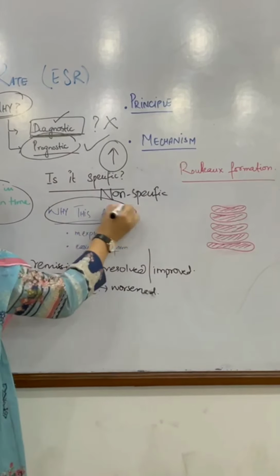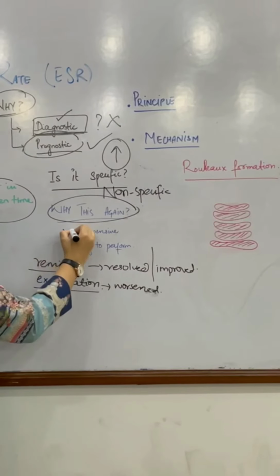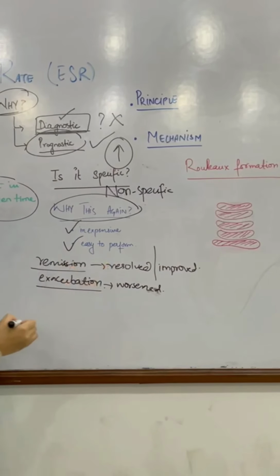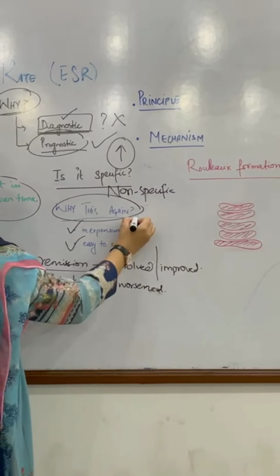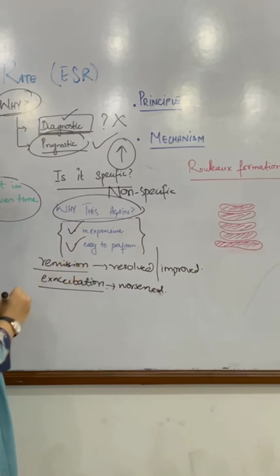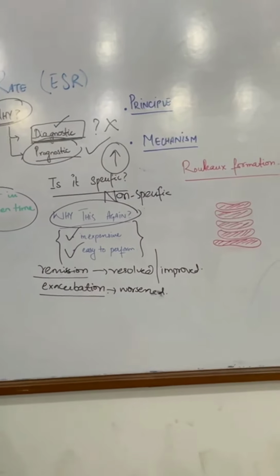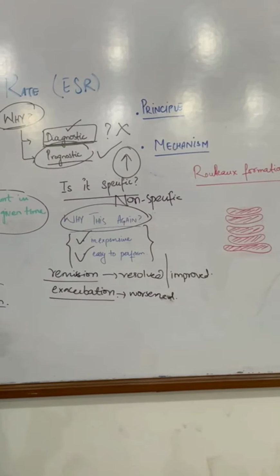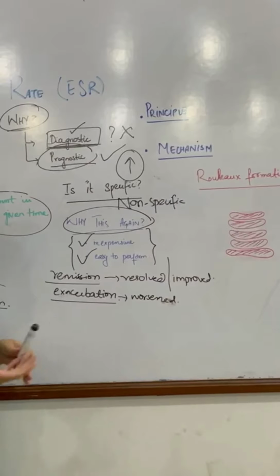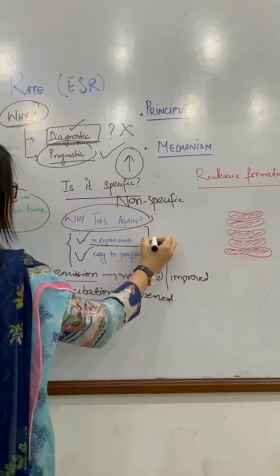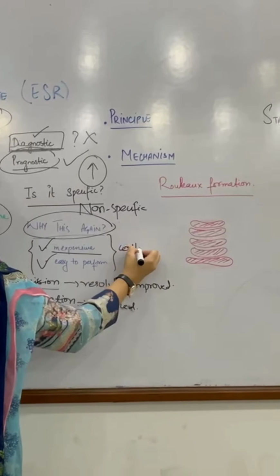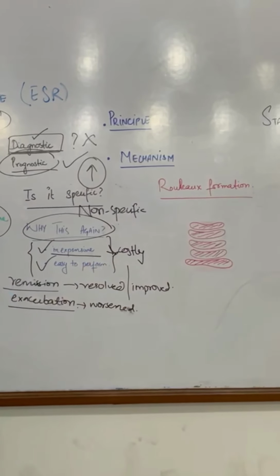Because first of all, it is inexpensive and easy to perform in the lab. There are no expensive equipments and no heavy machinery required. Also, it gives a very good idea of whether a patient's condition has improved or not. So we perform this test in the lab.